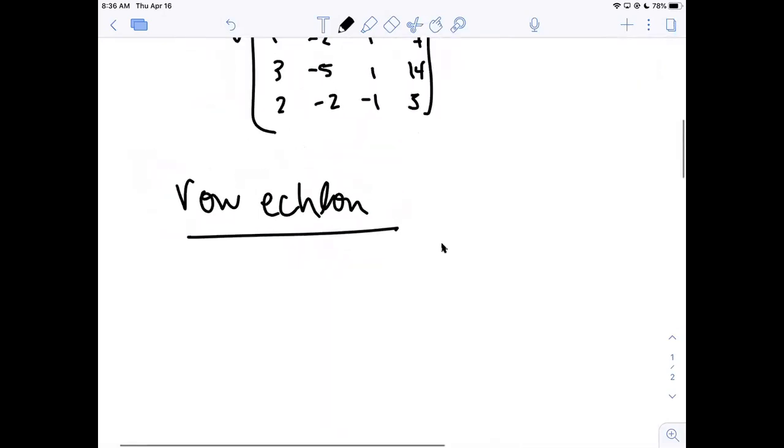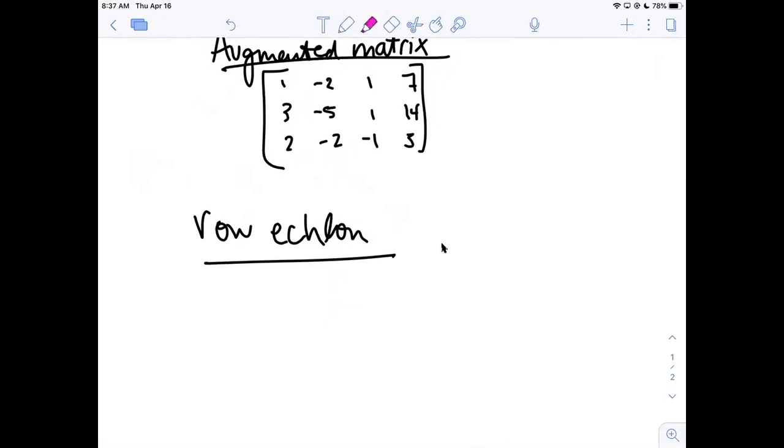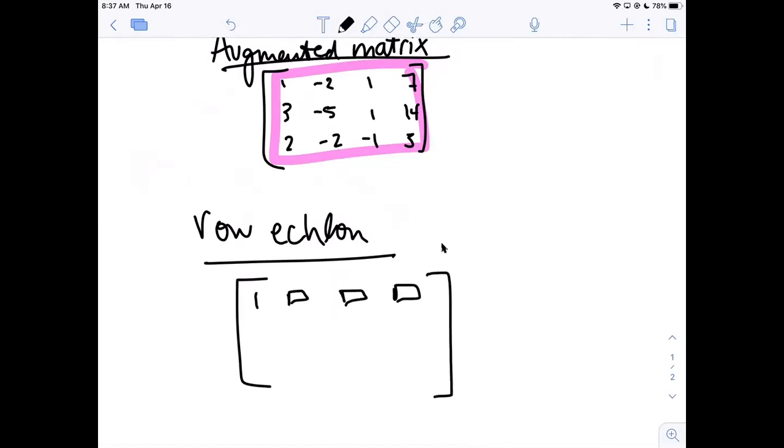If I was to take this matrix right here, it would be in row echelon form when I have it starting with 1, and then I've got some numbers here, here, and here. I don't know what those numbers are, so I'm not going to make them up. Then the next row would go 0, 1, and then would have some numbers. And then the last one would go 0, 0, 1, and then have a number.